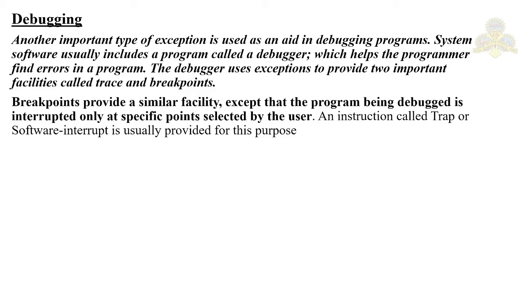And this process continues. That means your processor executes in the trace mode. It executes one instruction and your debugging program is executed after that. Once it is done, another instruction is executed, again the debugging program is executed. This fashion continues. The trace exception is disabled during the execution of your debugging program.